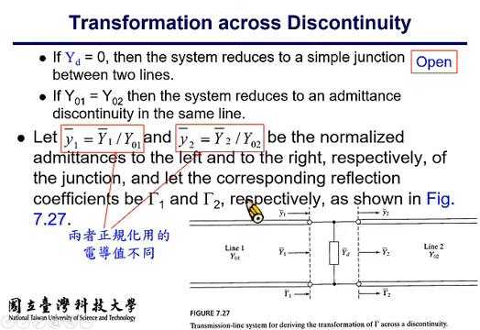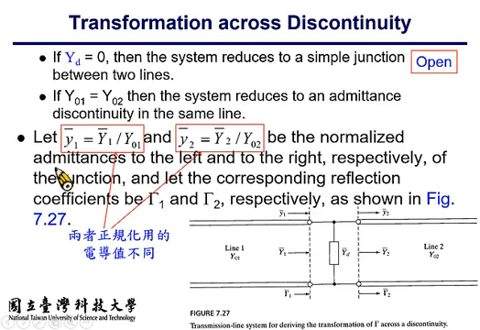As a result, the admittance equals 0 because nothing goes through this component. So it's simply a connection of two transmission lines, assuming that the characteristic admittances are different, y sub 01 and y sub 02.